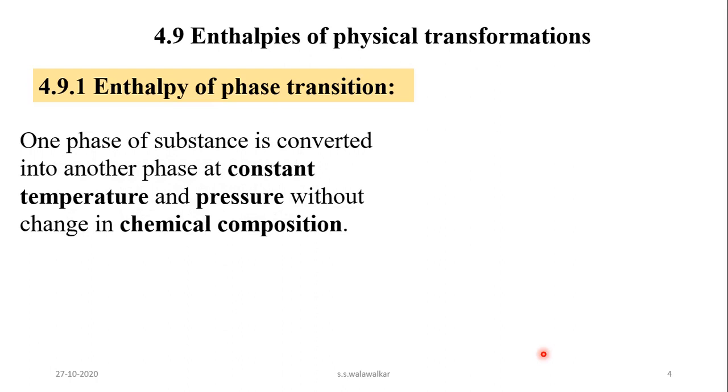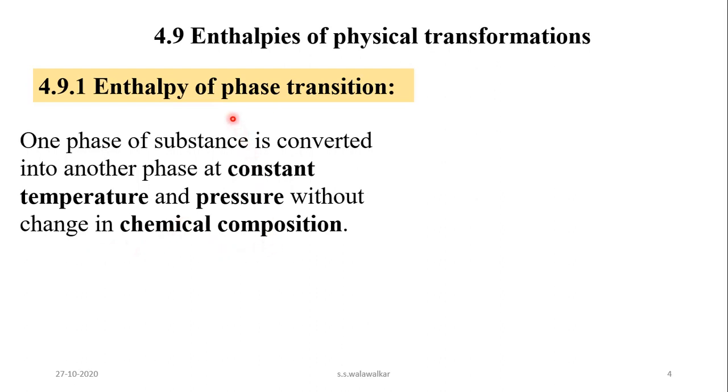And enthalpy is the heat change that takes place at constant pressure. Enthalpy is a state function. So enthalpy of phase transition means one phase of a substance is converted into another phase at constant temperature. That means the process is isothermal. Temperature remains constant, and pressure, without change in chemical composition.